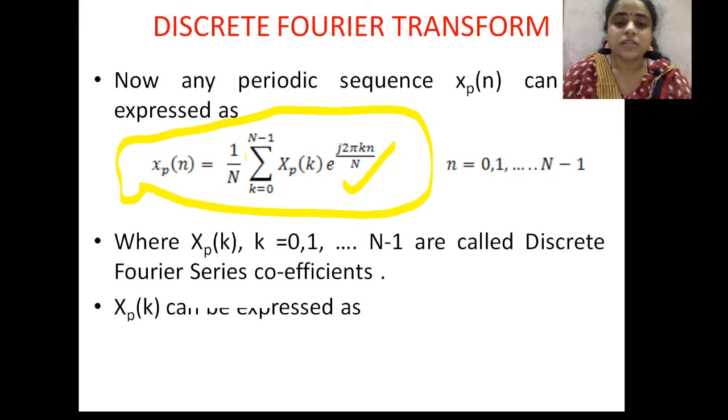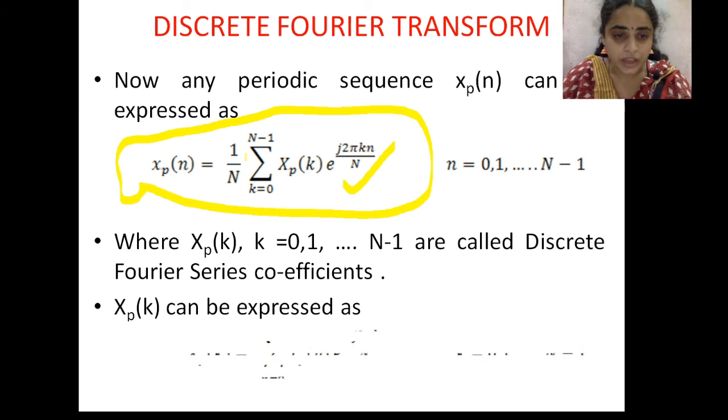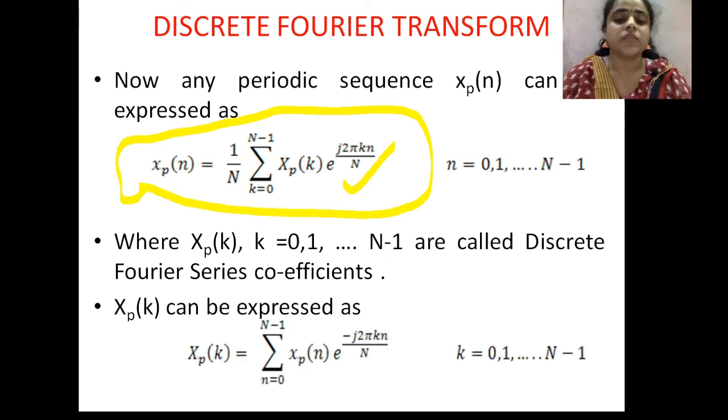Likewise, x_p of k is equal to summation n equal to 0 to N minus 1 of x_p of n into e power minus j 2 pi kn by capital N.